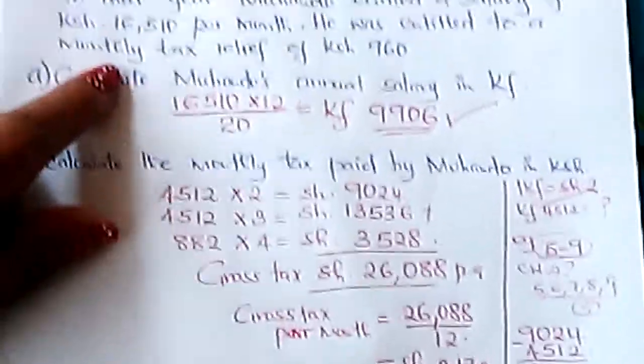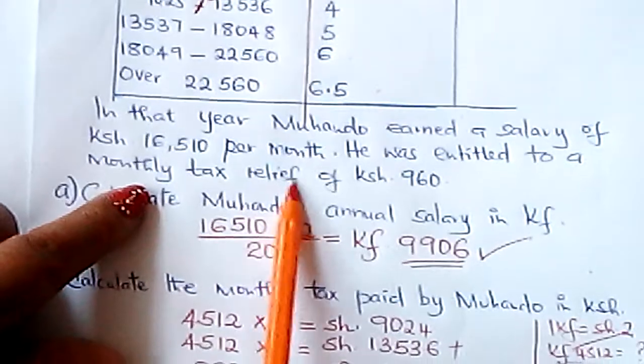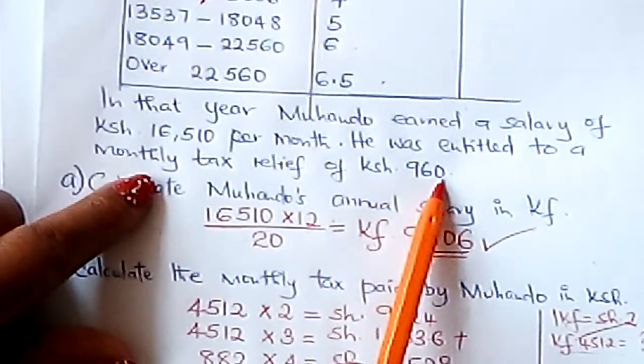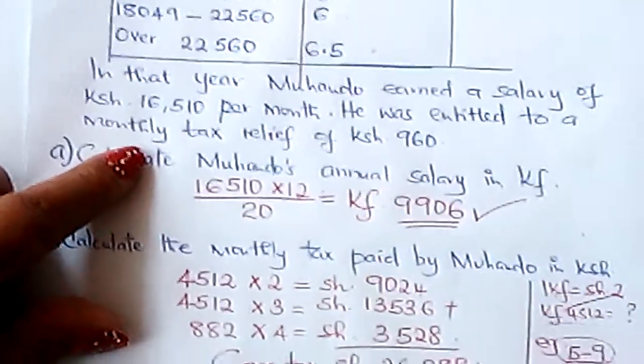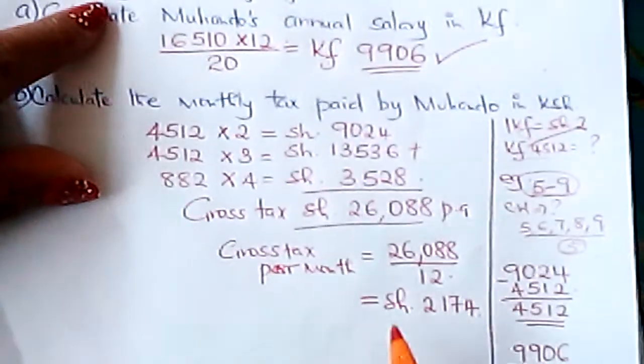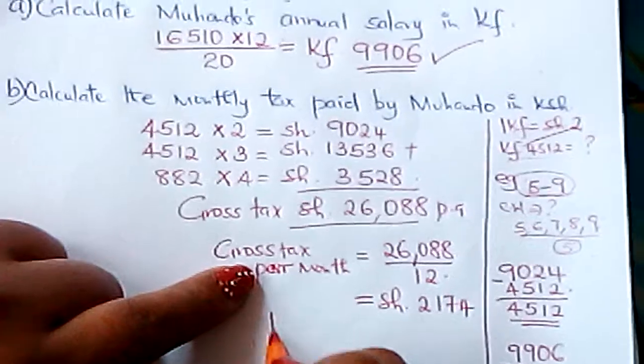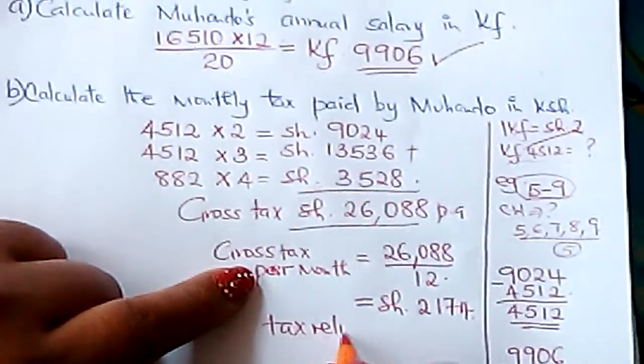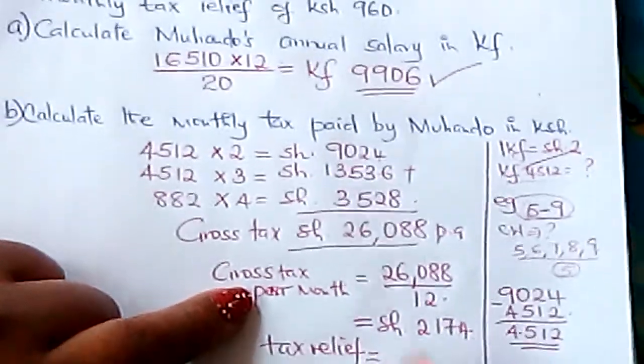Lana, this is not what Muhando will pay. Muhando is entitled to a monthly tax relief of Kenya shillings 960. What do you do with the reliefs, Lana? You come and subtract them from the gross tax. So Muhando is given a tax relief.